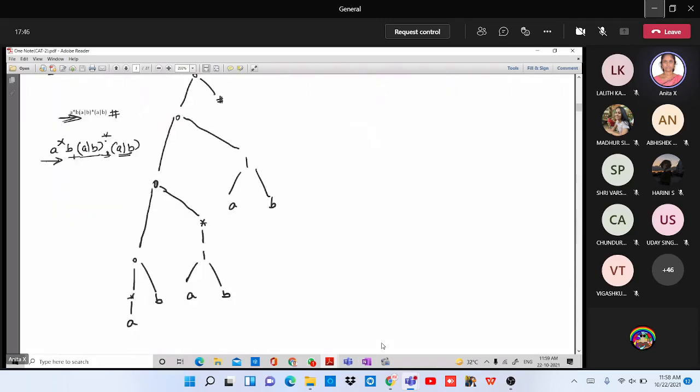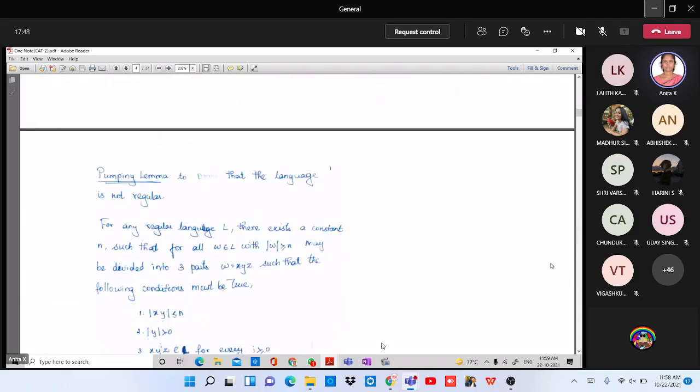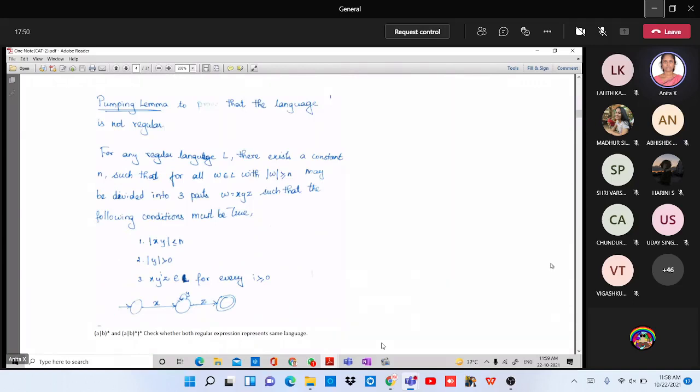Okay, that's it with minimized automata. Next comes the pumping lemma. Yes, using this set of rules you can very well proceed with finding. So in the case of pumping lemma, you have to prove that the language is not regular. You cannot say that the language is regular.